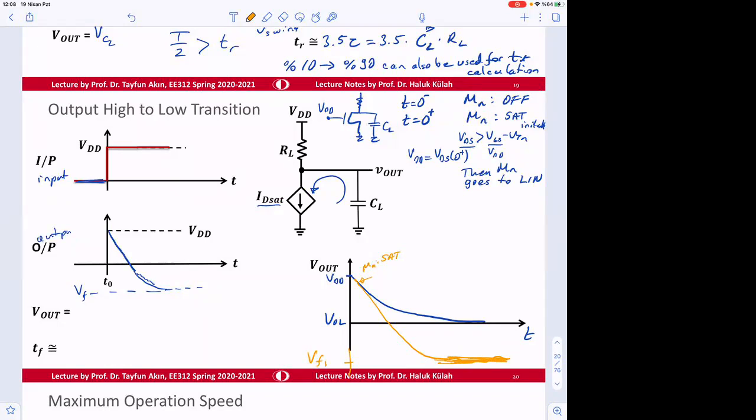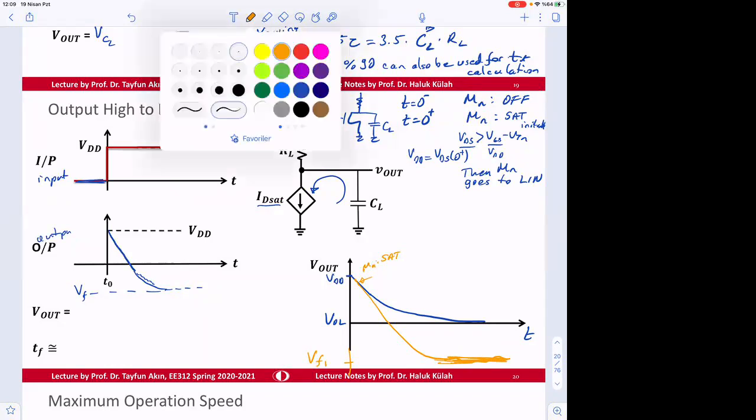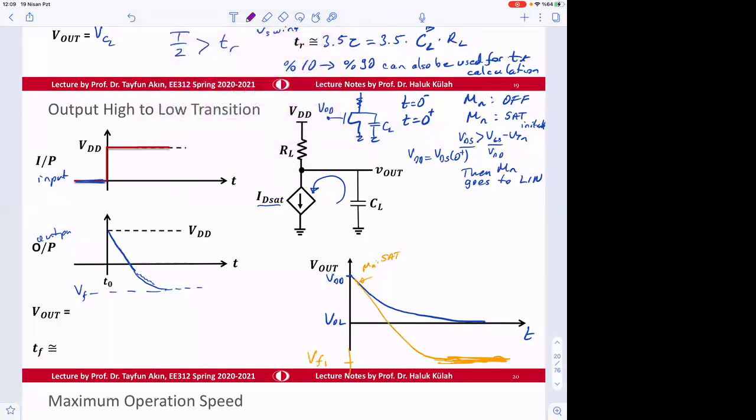Okay, but we know that in reality, this thing changes the status. So maybe this will be another V final. V final 2. So here, this is not really easy to determine.